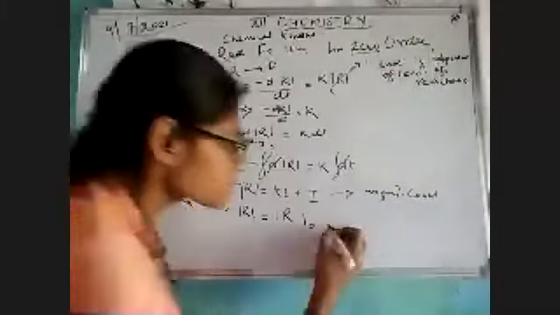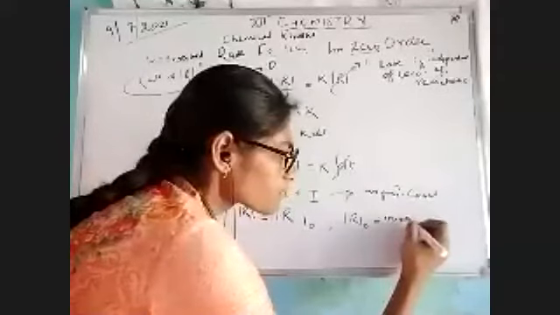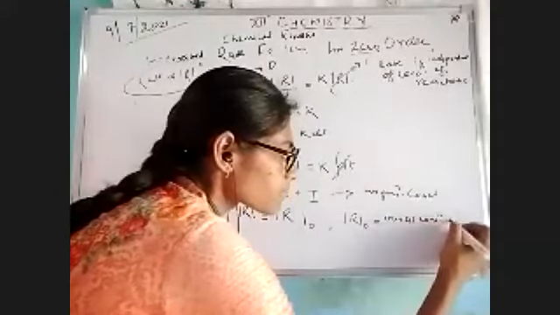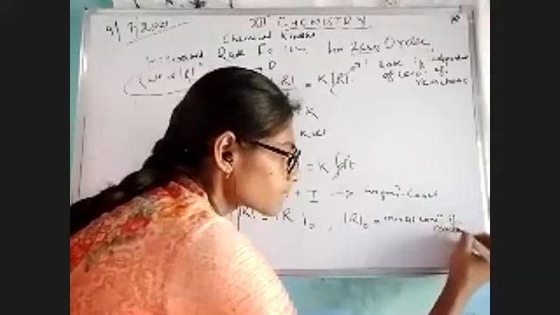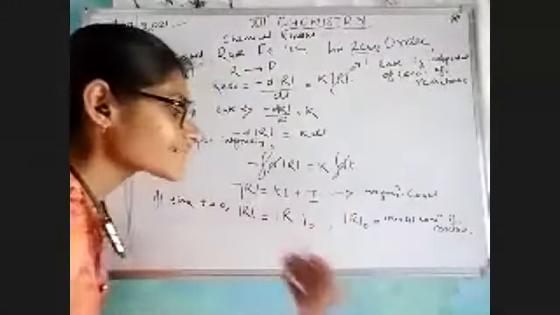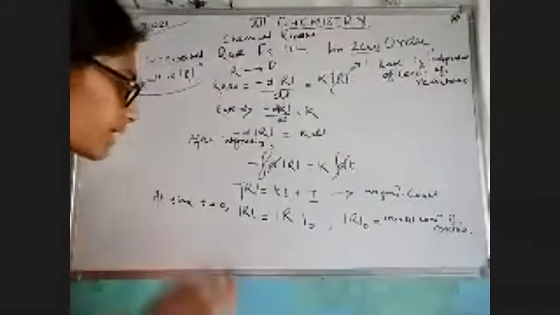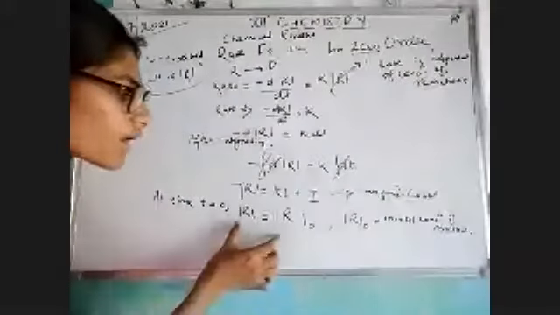That r naught is known as the initial concentration of the reactant. I'm saying that just for replacing this I in terms of r, we are taking another concept on my own: that at time t equals to 0, r equals to r naught.